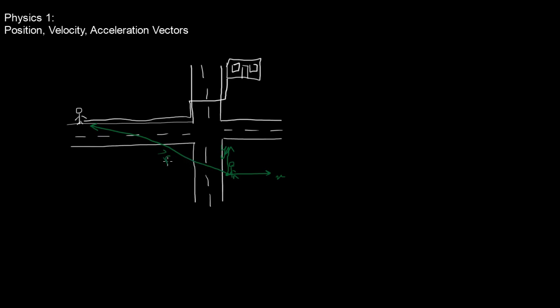That is the position vector of the student. Now this position vector is a function of time because it changes, because at initial time the student was here, but finally the student goes here.